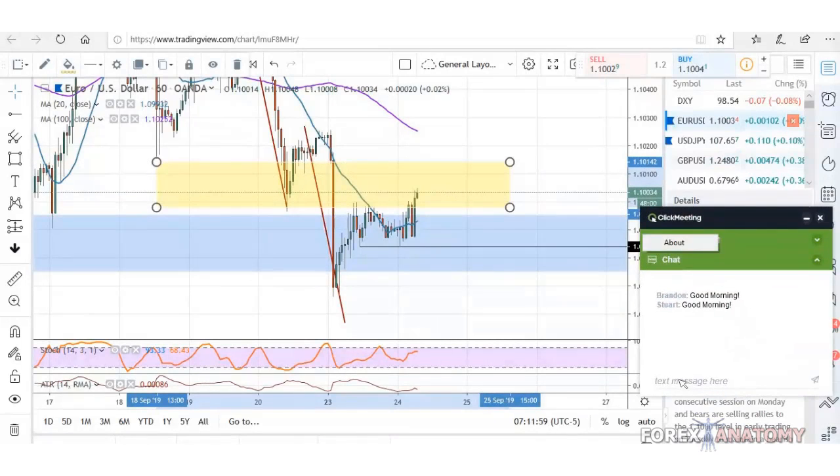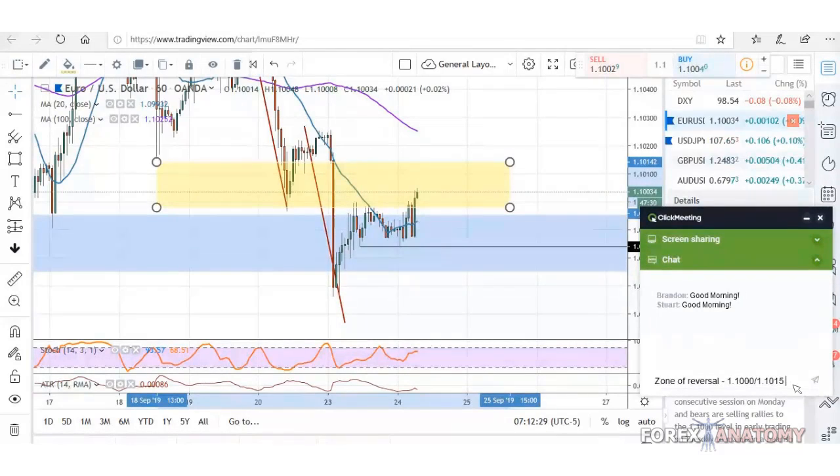We could just say zone of reversal, and let's do 1.10, which is a psychological institutional level, to 1.1015. So then this whole zone can function as an area where you can look to sell.